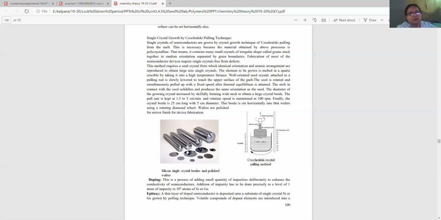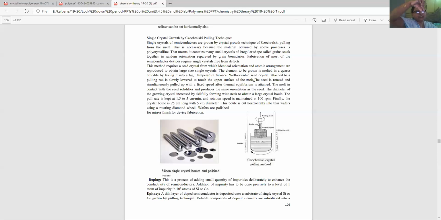Suppose there is a melt of silicon or germanium present inside, and we are putting a crystal rod inside it with a seed crystal upon it. If that seed crystal touches the melt, it is rotated. The rod can be rotated.